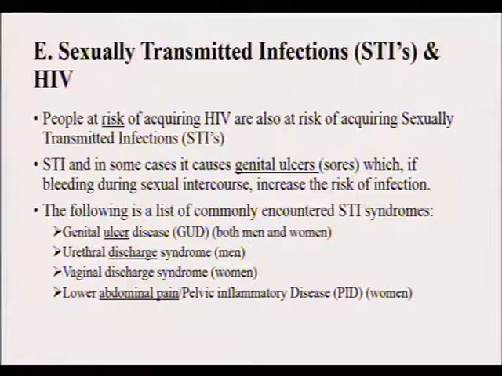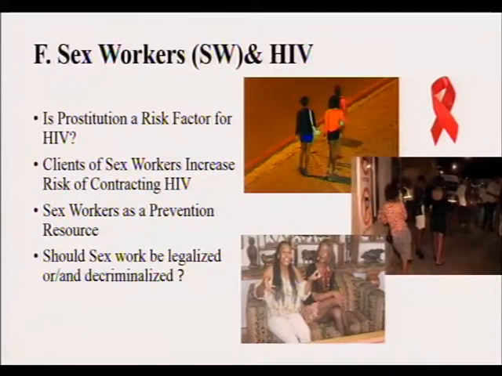For example, you will see ulcers in your genitals. You will see your genitals are discharging a fluid which is very smelly. And some of the other symptoms, you will experience pain in your private part, in your abdomen.